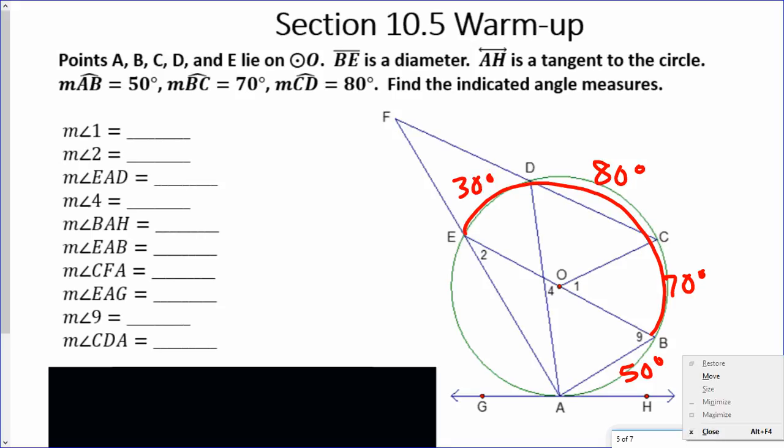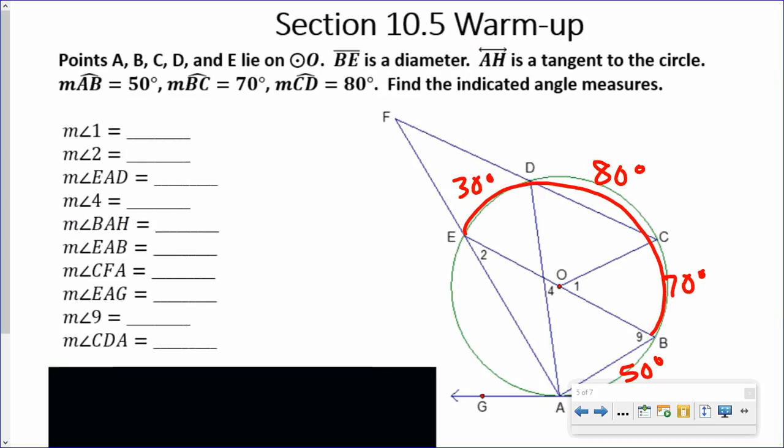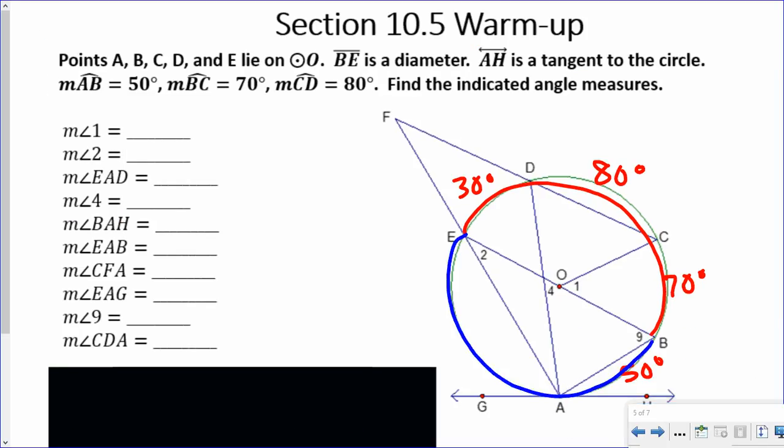Then you could add all of these up and subtract them from 360, or I'm going to use the fact that I know this arc right here has to be 180 as well because it's a semicircle. So I can do 180 minus 50, which gives me 130 degrees.